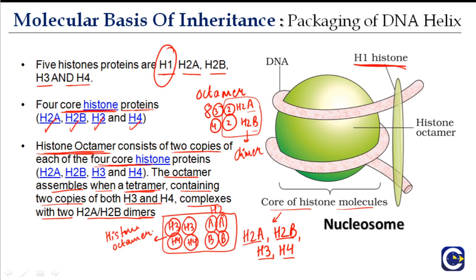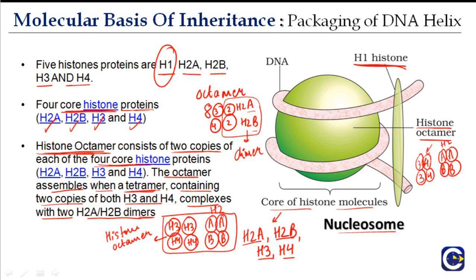Now coming back to this figure, this is the structure of the nucleosome. Here is your DNA molecule and this is the H1 histone. And this is the core of histone molecules, that is, the histone octamer. How is this histone octamer formed? It is formed when 2 copies of H3 and 2 copies of H4 bind to 2 dimers of H2A and H2B.